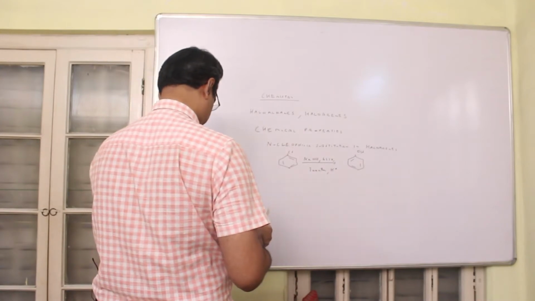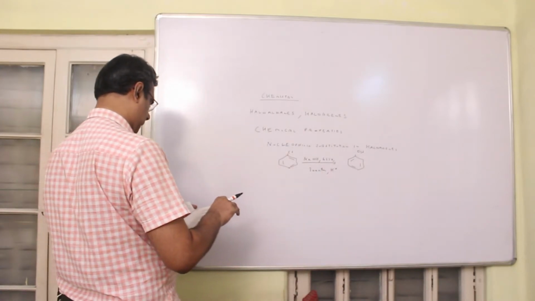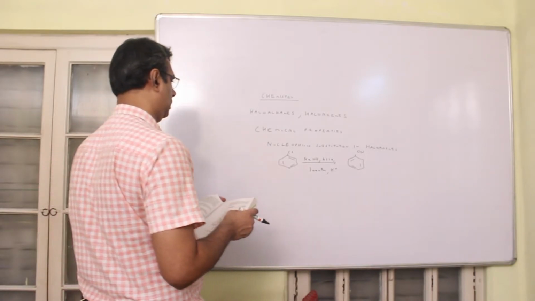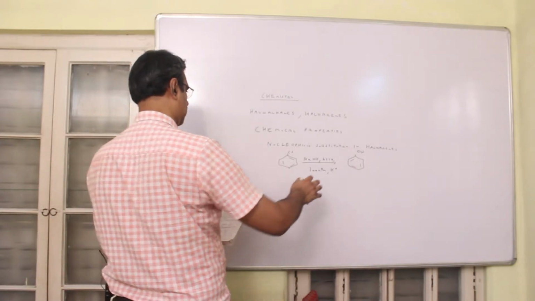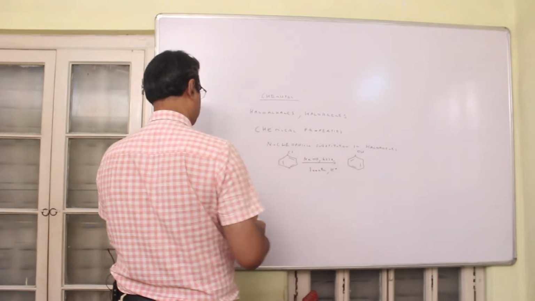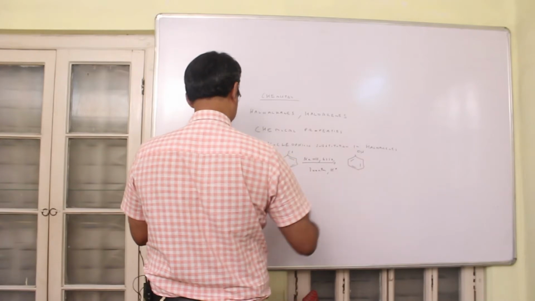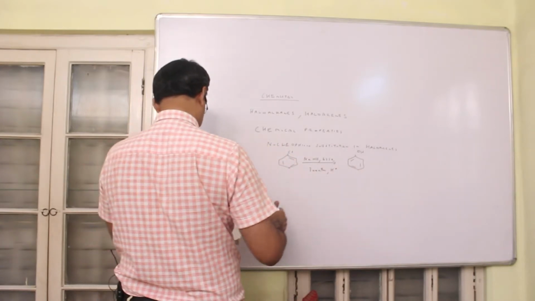so when you perform the reaction, NaOH at 623 Kelvin, 300 atmosphere, in presence of dilute acid, you can convert it to phenol.